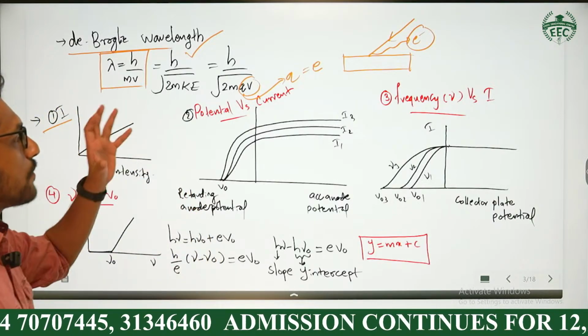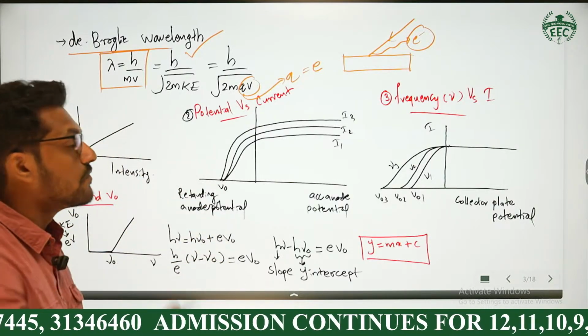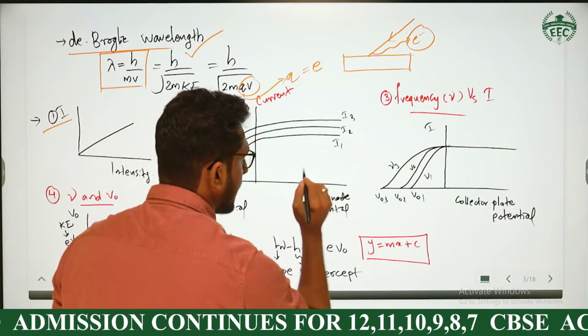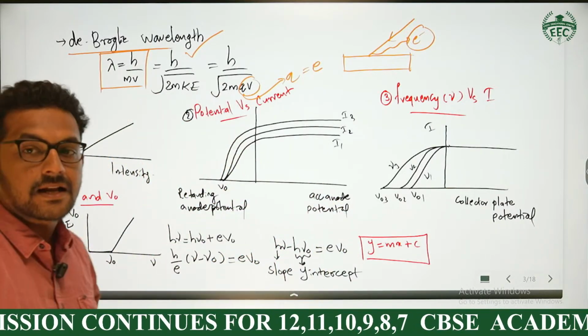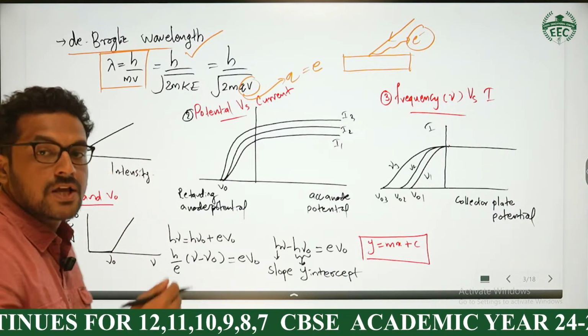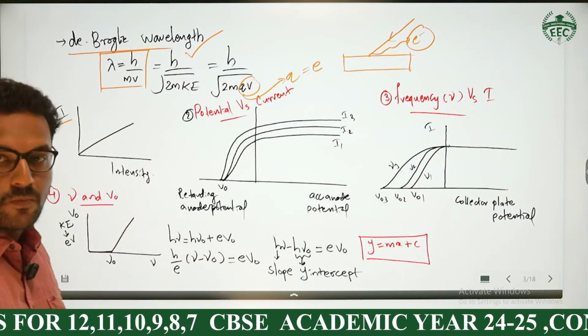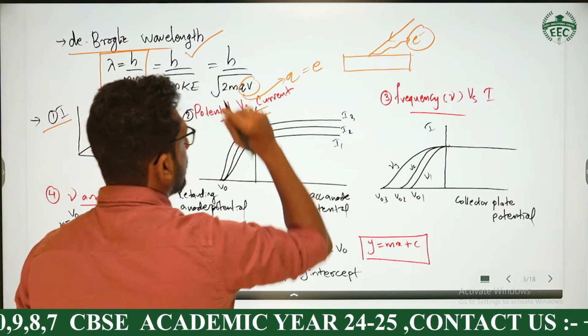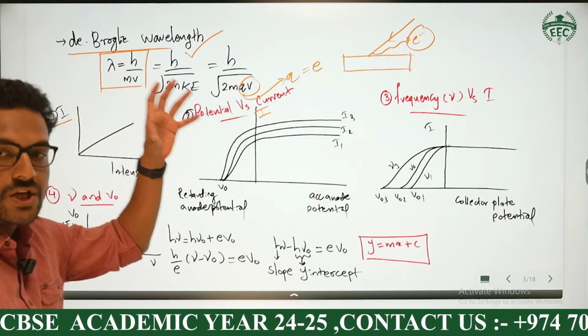And the second graph is potential, that is voltage versus photoelectric current. Here on the x-axis you can see the accelerating anode potential, and on the negative x-axis you can see the retarding anode potential, and the y-axis represents photoelectric current.